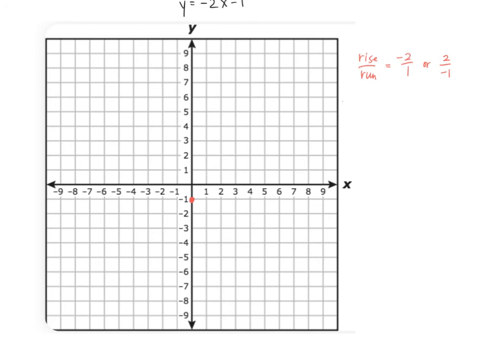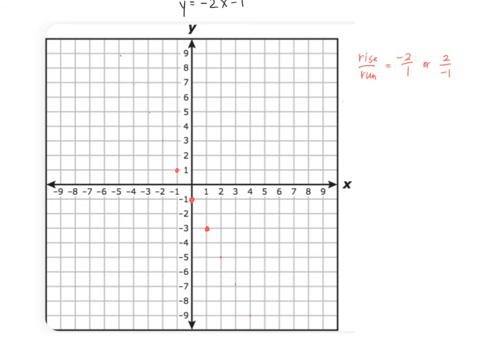Either of those mean -2, so it's okay either way. So if I apply it the first way, I'm going to go down 2, right 1. If I apply it in the second way, that means up 2, left 1. But notice, either way, I'm still on the line.